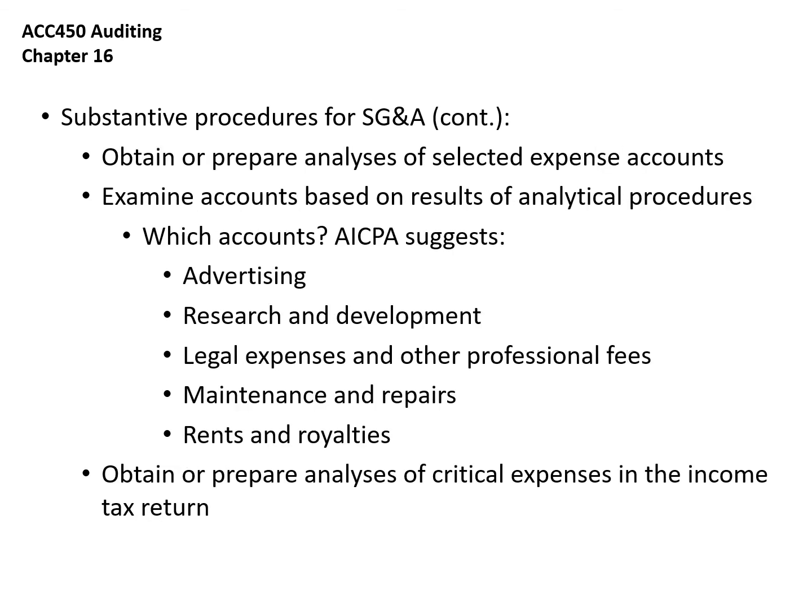Okay, so I would obtain an analysis of selected expense accounts, and the AICPA suggests at a minimum looking at things like advertising. Many times advertising is paid for in advance, at least that's been my personal experience.